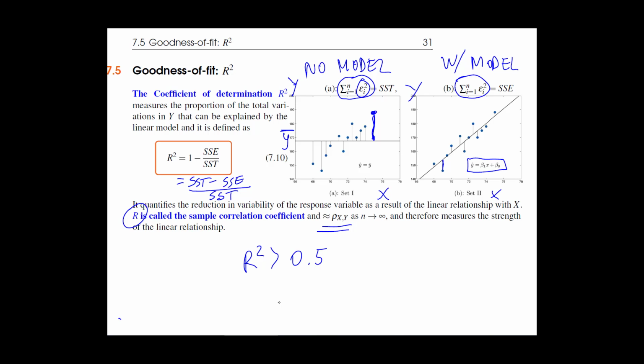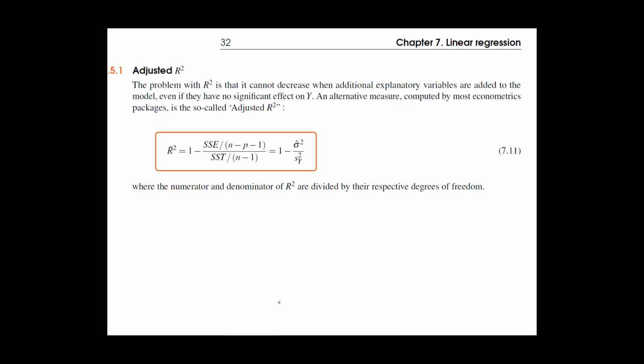There's a problem with R square: when you incorporate many factors, many x variables, it tends to artificially increase. To remedy that, we divide by the degrees of freedom of each of the components, SSE and SST, remember?